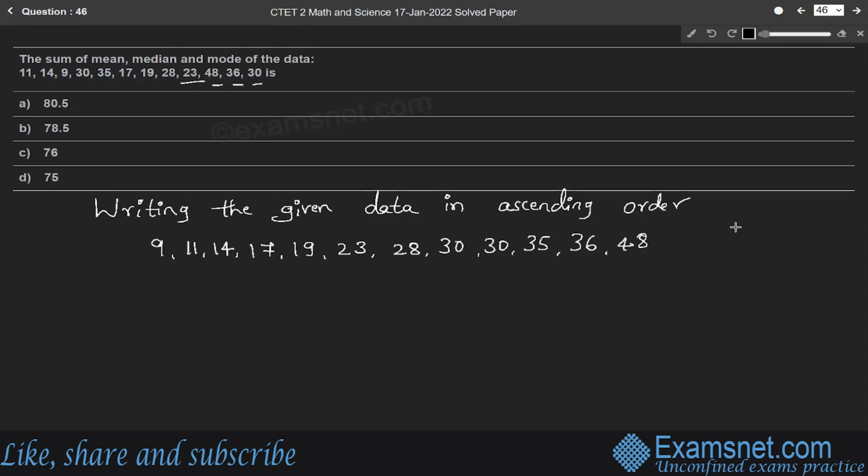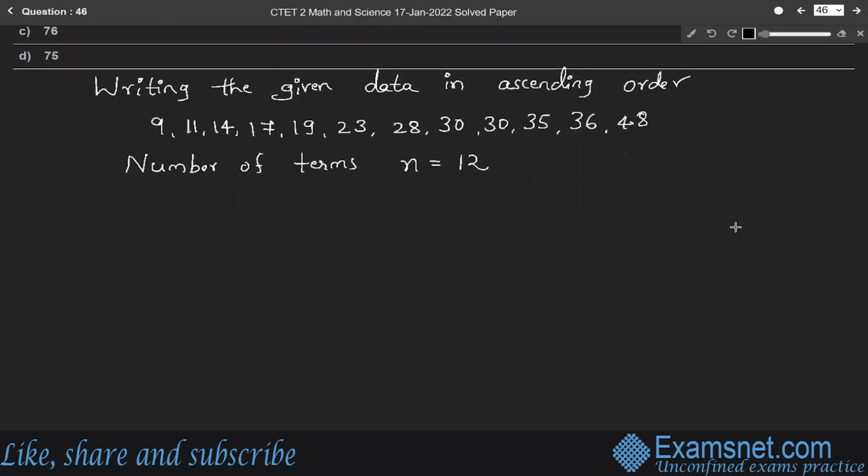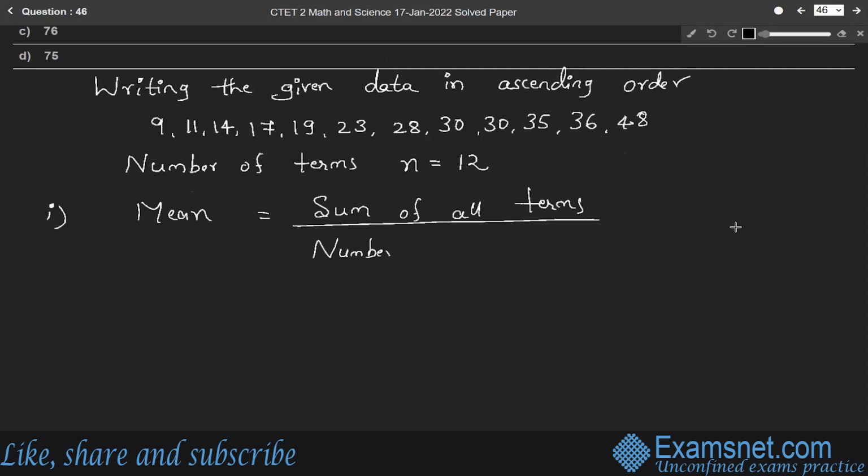and 48. So the number of terms in the given data, n is equal to 12, right? Therefore, mean of the given data is equal to sum of all terms divided by number of terms. Formula is sum of all observations divided by number of observations.